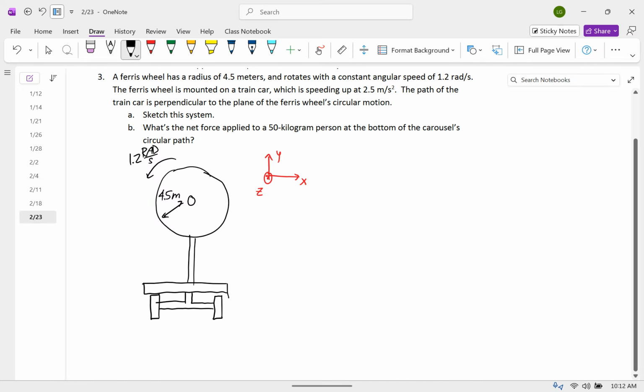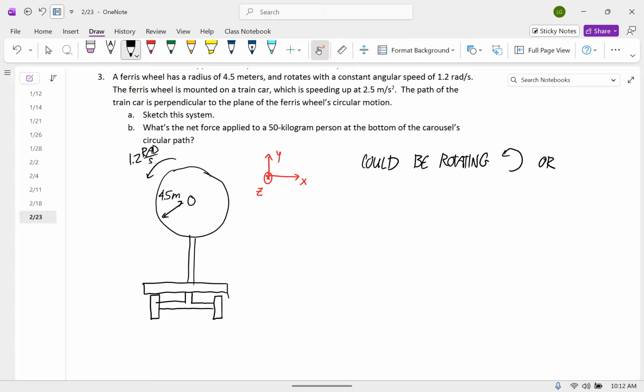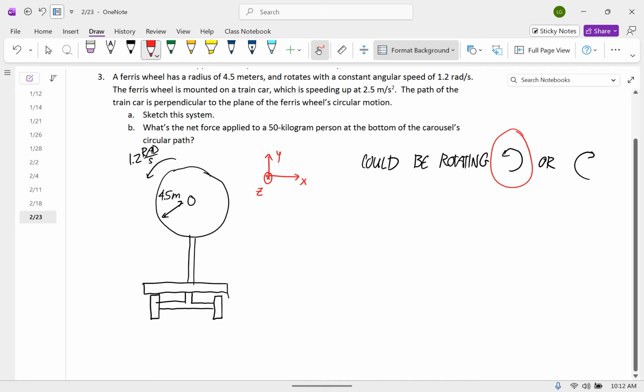So it could be rotating this way or this way, right? I chose this way.